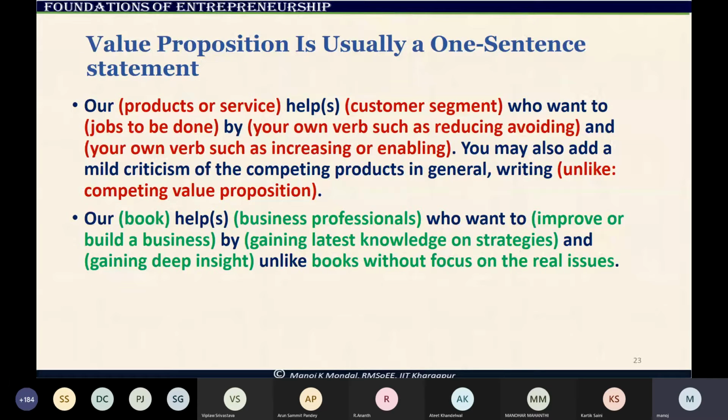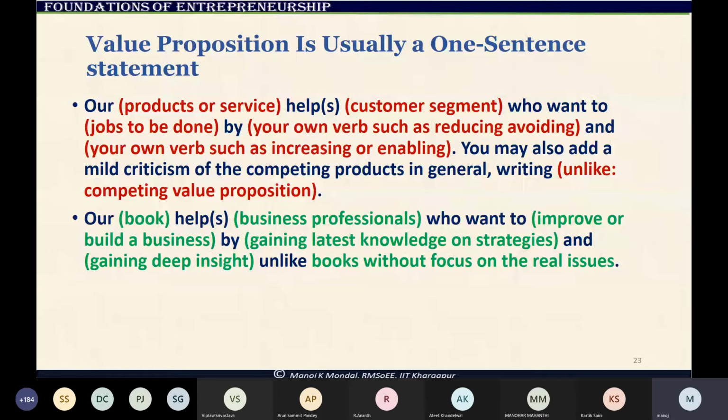You may also add a mild criticism of the competing products in general, but not too harsh. If you write too harsh, then customers will think that you are bragging too much, you are too proud of things, and people who are too proud are not genuine. So people will look upon them with suspiciousness.